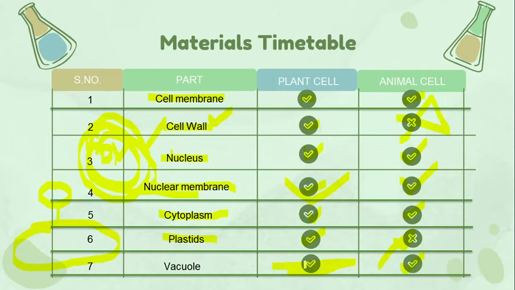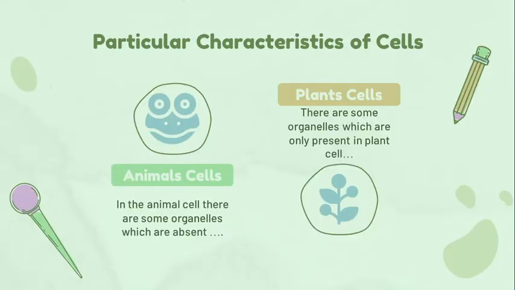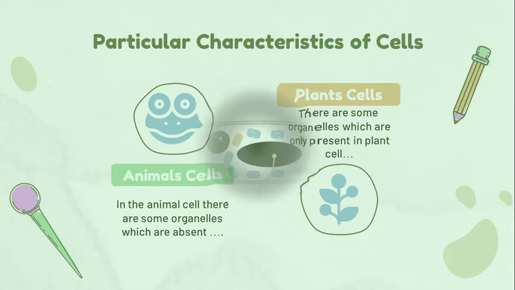So we can just keep tick for both. Next, here we observe that except cell wall and plastid, everything is present in animal and plant cell. Some organelles are absent in animal cells and present in plant cells.